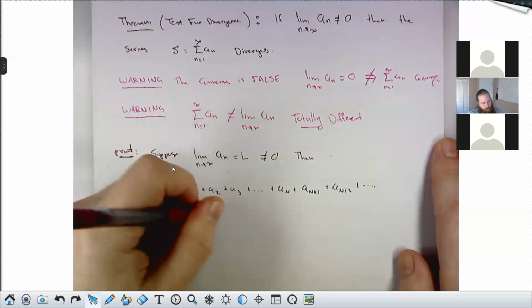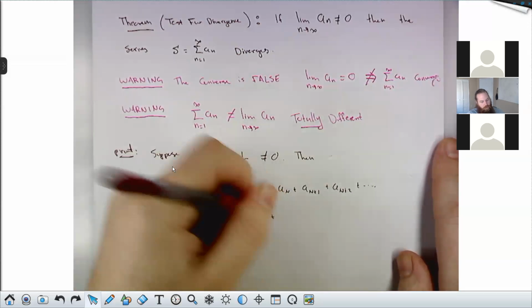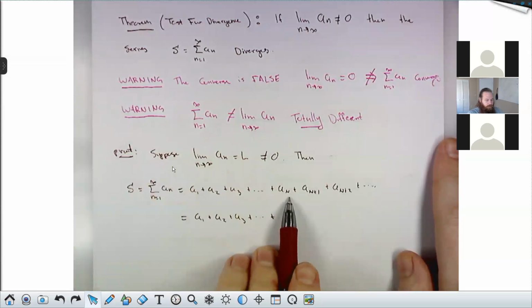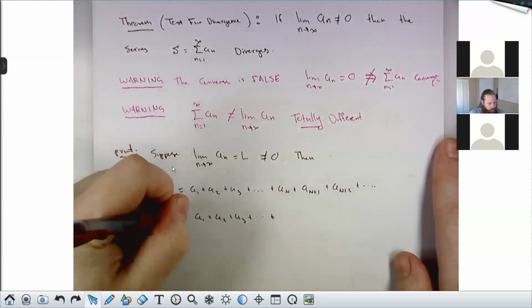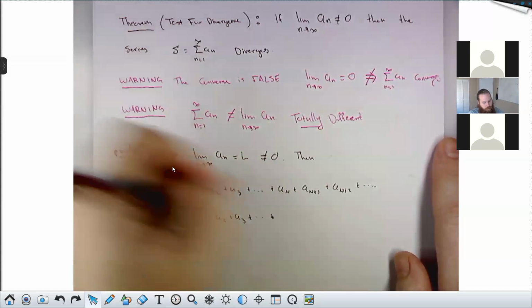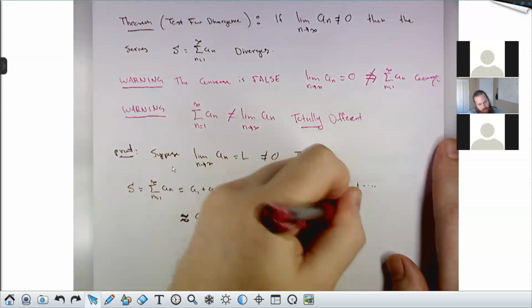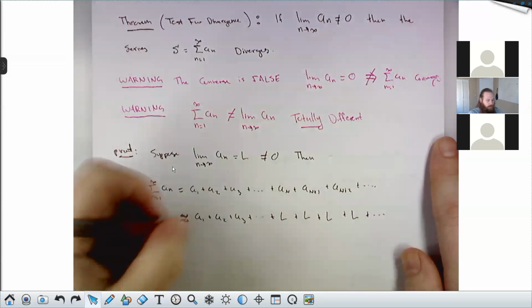This is like A1 plus A2 plus A3 plus, well, out here now this n is very, very big. So AN is very, very close to L. These aren't equal to each other, I should say, they are approximately equal to, and this is now just L plus L plus L plus L infinitely many times.